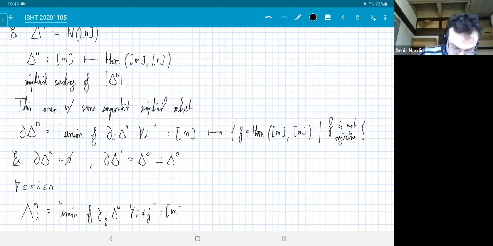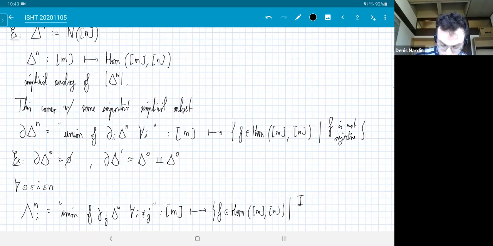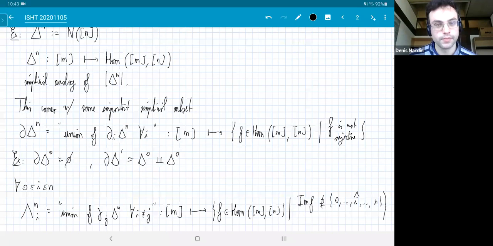And concretely, this means those f only, instead of being surjective, the image of f does not contain the subset that's obtained from [n] by removing the ith vertex. That would be like the image of the ith face, and we don't want that in the image of f.